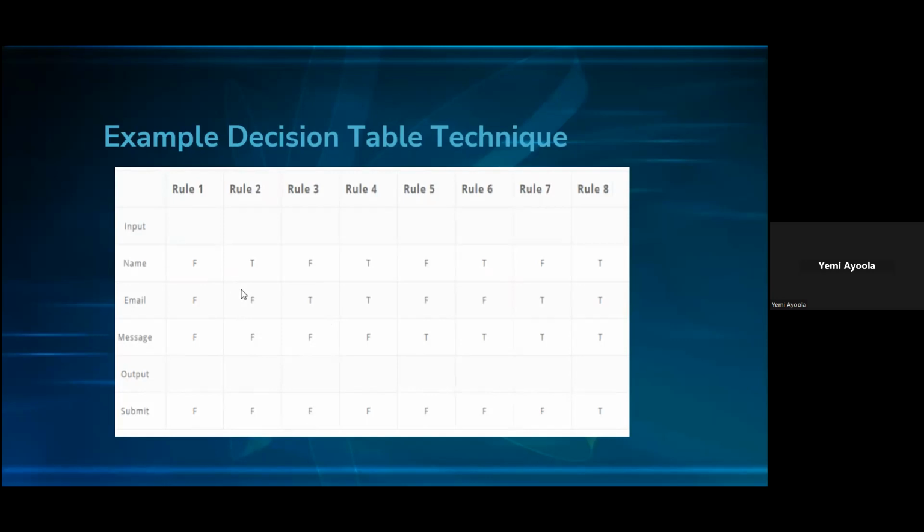I go to rule 4. In rule 4, my name is right, email correct, no message. My expectation is that it shouldn't be enabled. The reason is that the criteria say that for a submit button to be enabled, these three things must be fulfilled correctly, but I've not been able to fill all three correctly.